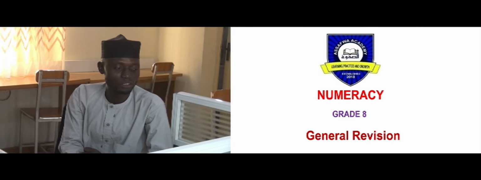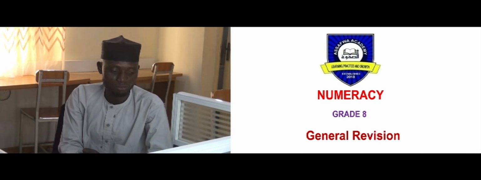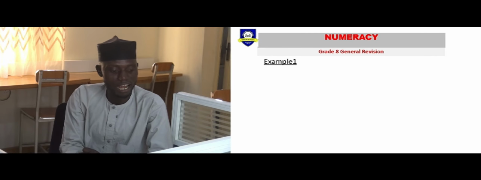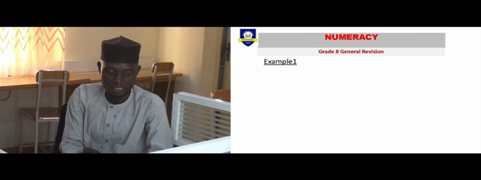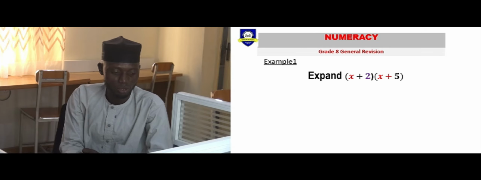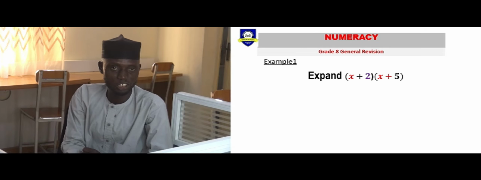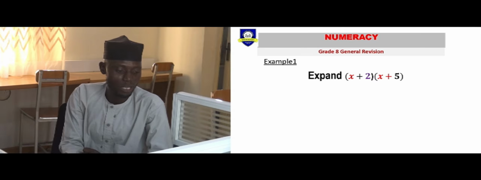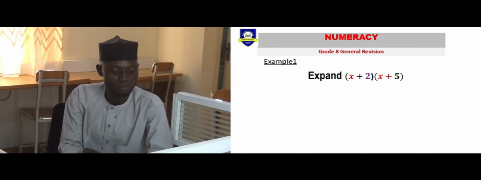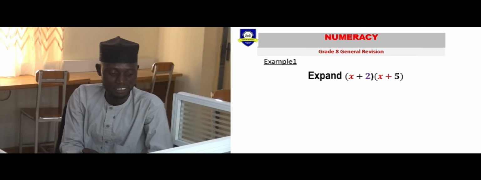So we start with an example from algebra. Here on the screen we have expand x plus 2 times x plus 6. When you have an expression of this form, the way we solve this is to take the first variable of the first bracket multiplied by the whole content of the second bracket.